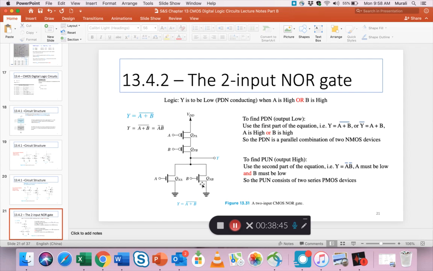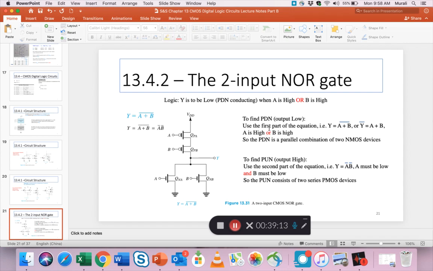The PDN is conducting, right? This is conducting, so that this goes low, when A is high or B is high, right? Then you get the NOR function. We saw the truth table for it. So that is written as Y equals (A or B) with a bar. Now this you can write using De Morgan's first law as A bar B bar. You know this also. So keep this in mind.